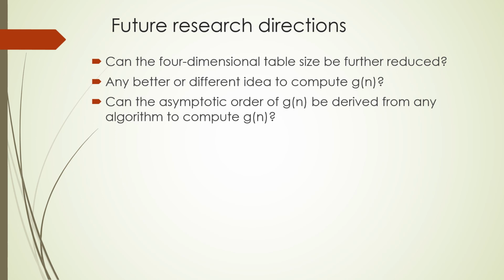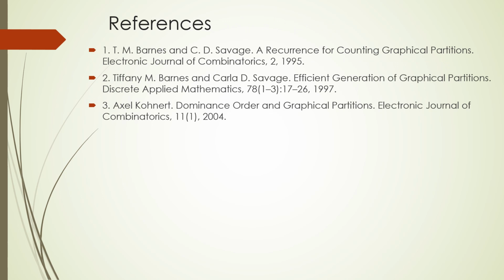But we also try to find if there is any better or different idea to compute the function value Gn, or whether any of those algorithms to compute the exact value of Gn can be used to derive the asymptotic order of Gn, since we are also interested in the asymptotic order of Gn, because such an order can be used to compute an approximate value of Gn in a faster way.